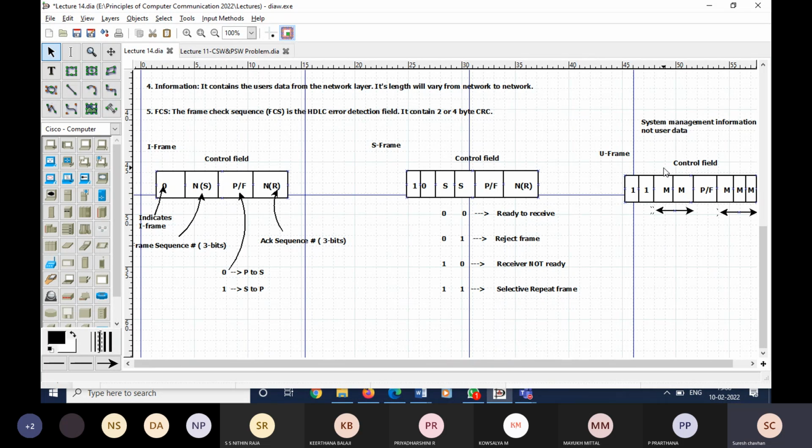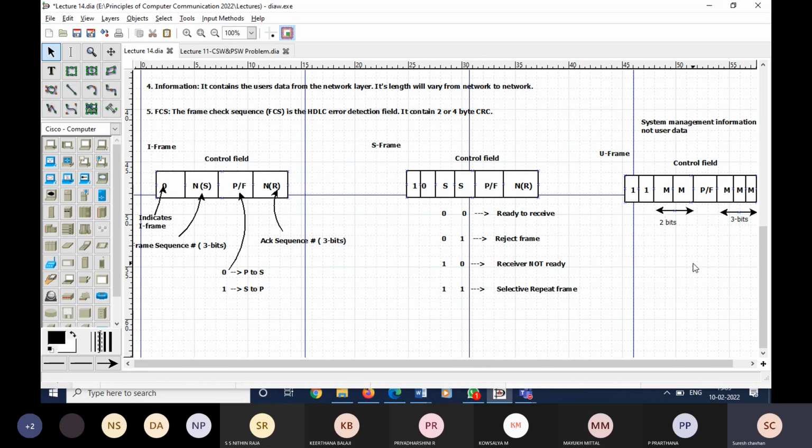Good. So here, as I said, this is 2 bits, and here I'm having the 3 bits. This we call the prefix 2 bits, and this we call the suffix 3 bits.